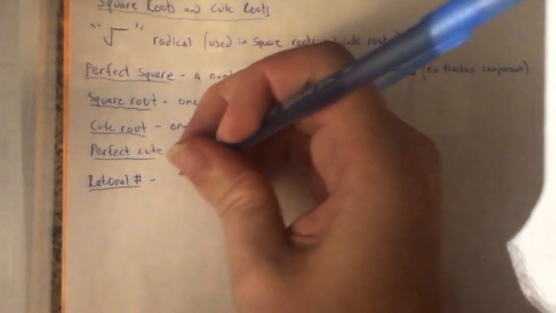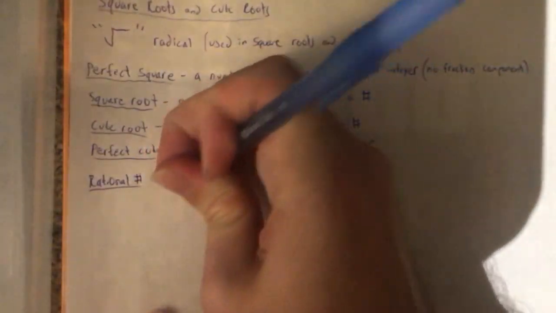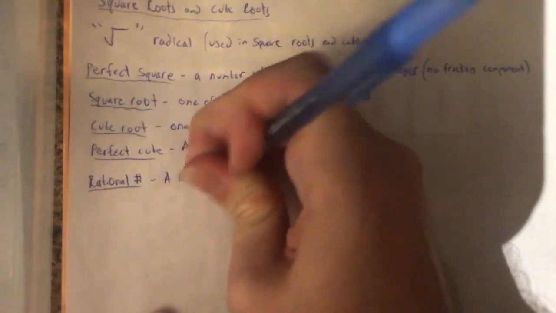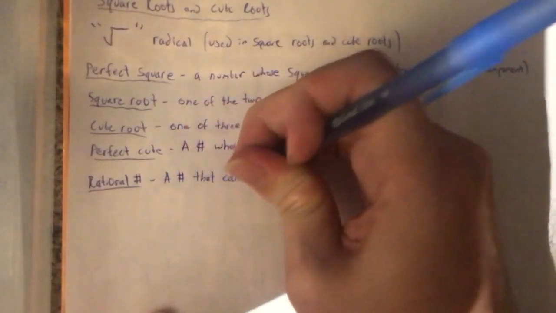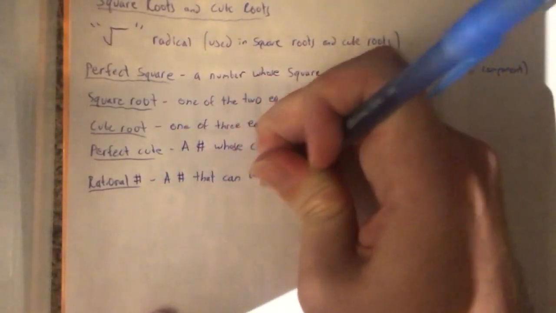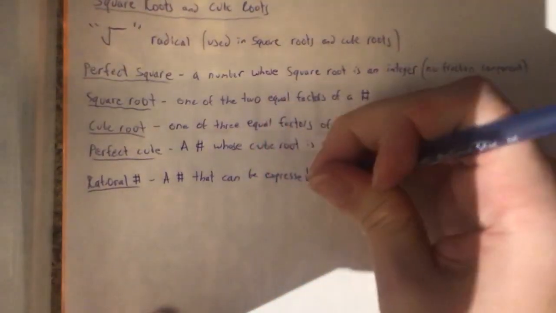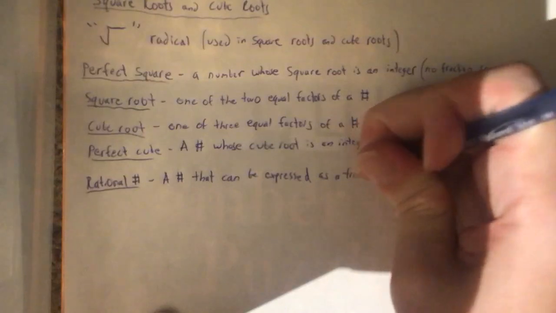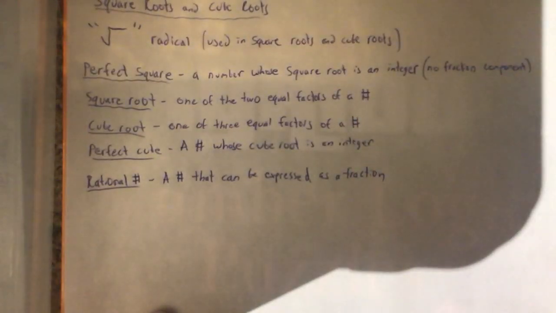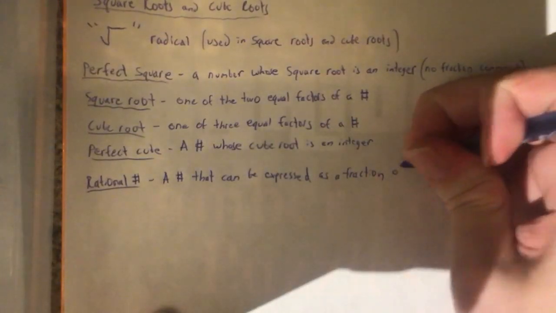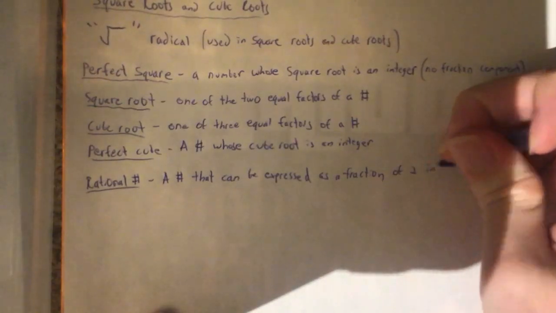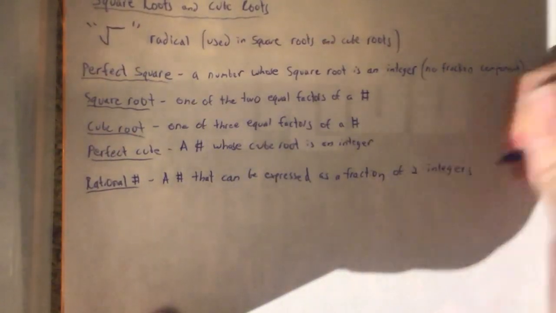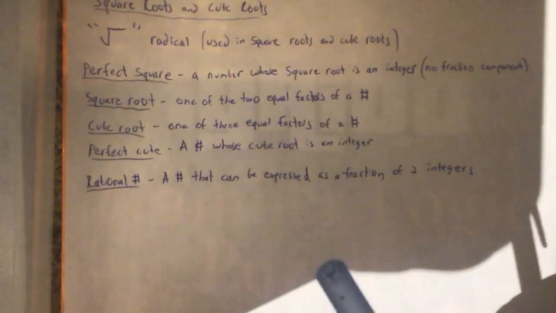A rational number is a number that can be expressed as a fraction of 2 integers. And we'll do some examples for this.